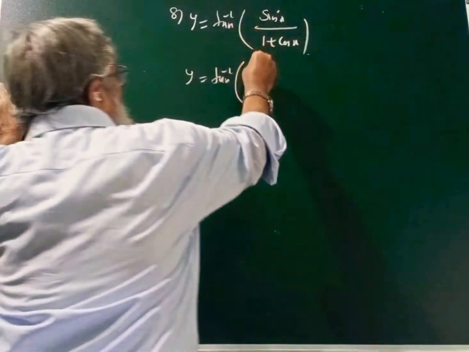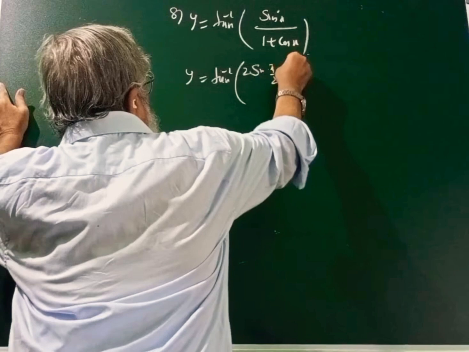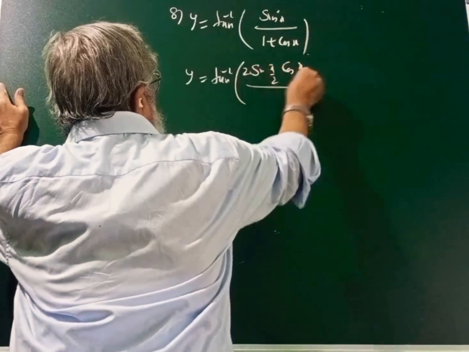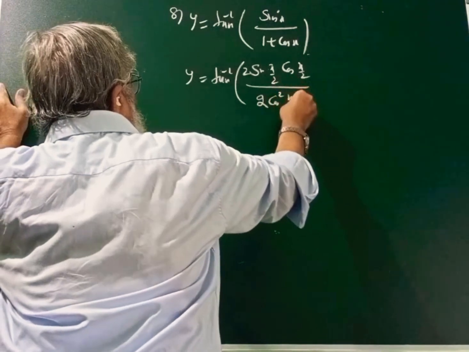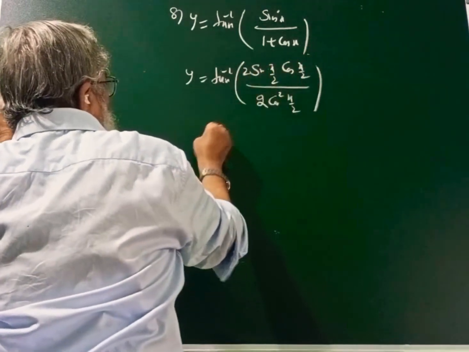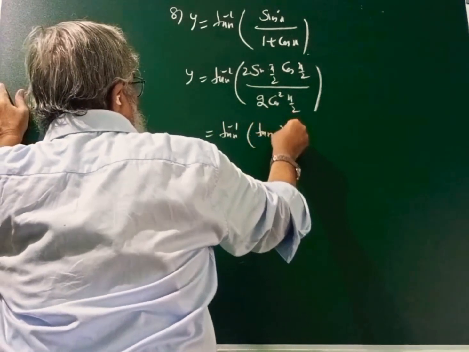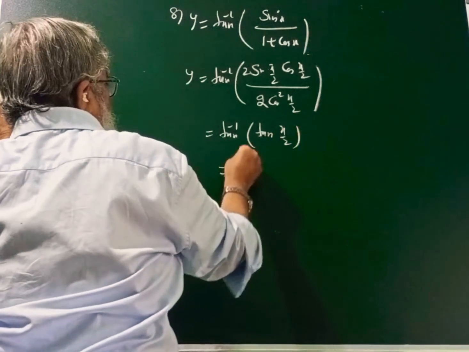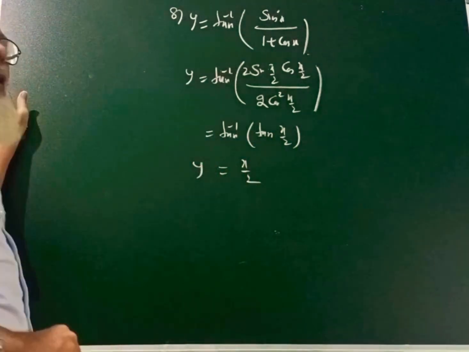Sin x in half angle is 2 sin x by 2 cos x by 2, and 1 plus cos x is 2 cos square x by 2. Now 2 cancels with 2, one cos cancels, sin by cos is remaining. Tan inverse of tan x by 2. Again tan and tan inverse cancel each other. This is the actual value of y.